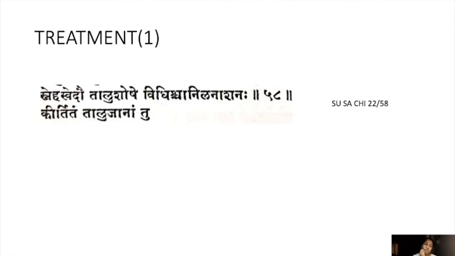According to Susruta Samhita, the Talu Shosha treatment is Sneha Svedo Talu Shosho. In Talu Shosha, you have to go for Snehana and Svedana, Vidisha Anila Nashanaha, and Vatahara Dravyas can be given. So Vatahara Chikitsa can be given. So Snehana and Svedana and Vatahara Dravyas can be given.